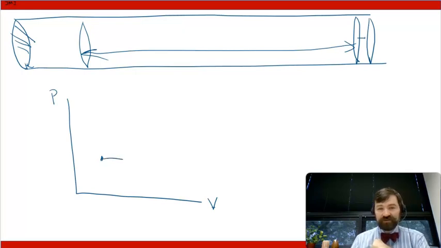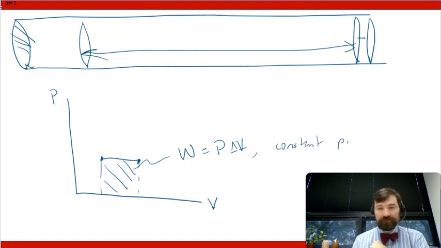So under the constant pressure approximation, that volume and pressure area would basically be a rectangle. So this is work equals P delta V, constant pressure.